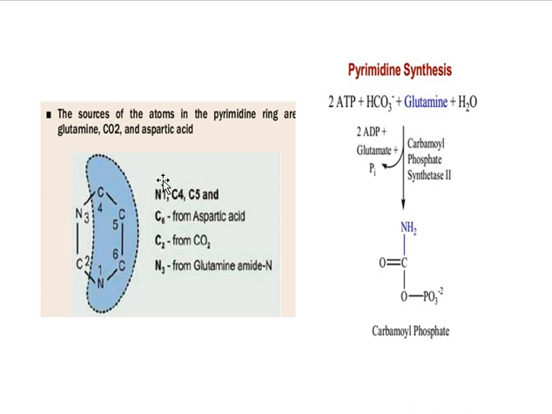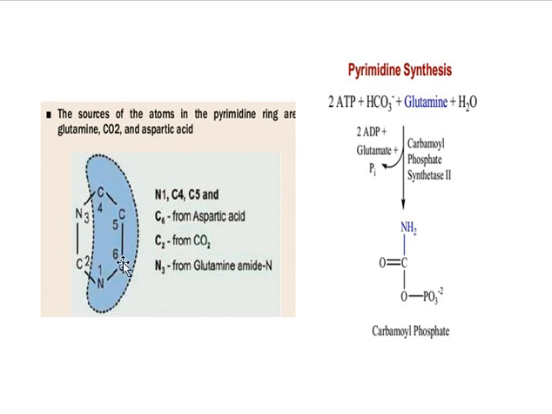Now this diagram shows the common ring, pyrimidine ring, and the sources of its atoms. This shaded area which covers the atom number 1, 4, 5 and 6, these atoms are donated by the aspartic acid, while the nitrogen at number 3 is derived from the glutamine, and the carbon at number 2 comes from the carbon dioxide.